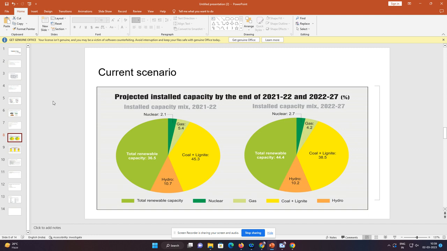So, a committee has been framed to discuss an optimal energy mix in power generation on both medium and long term basis. The aim is to provide clean and sustainable power to all.